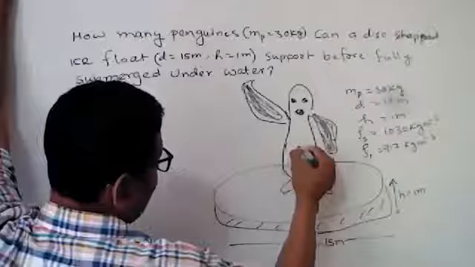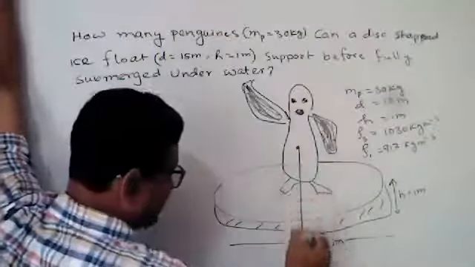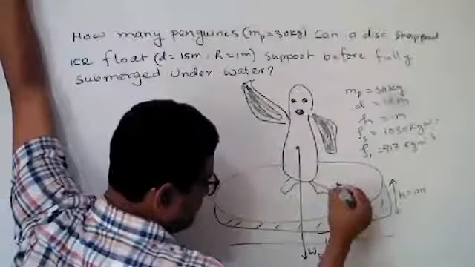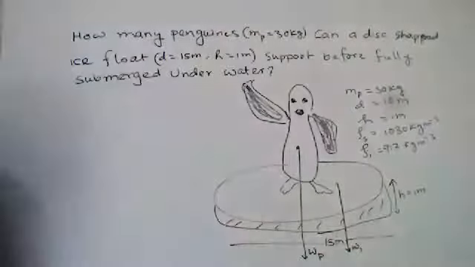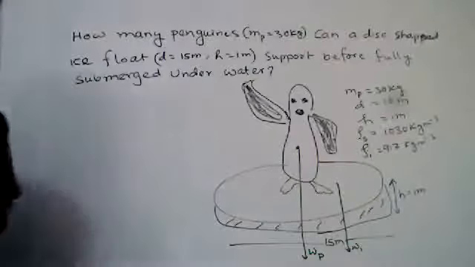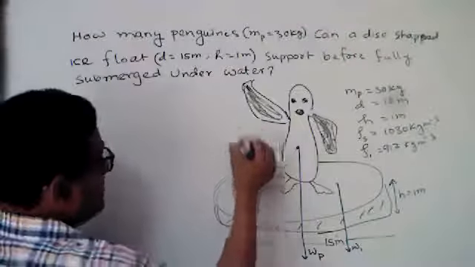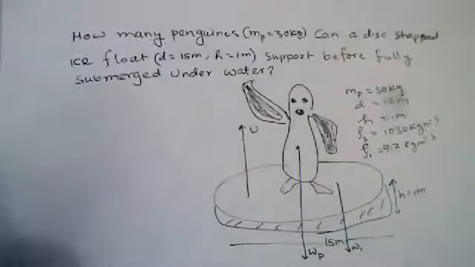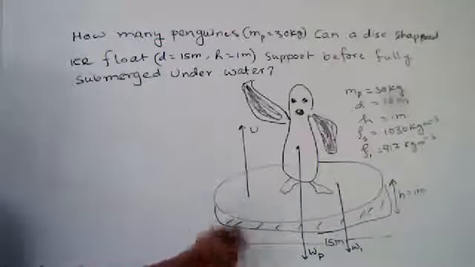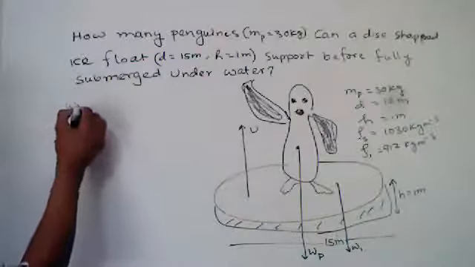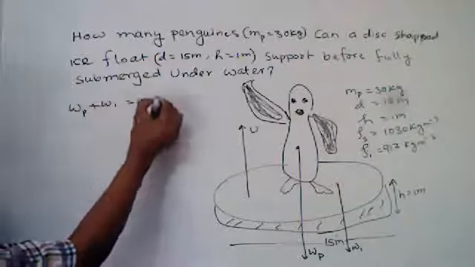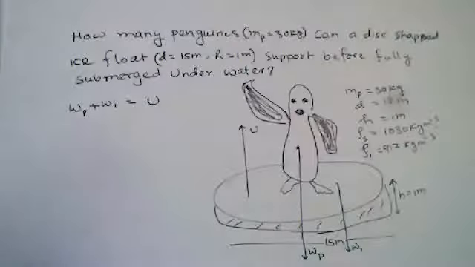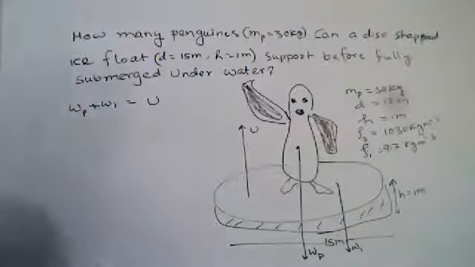There is the weight of the penguin, WP, and the weight of the ice, WI, both acting downward. And the upthrust of the liquid on the ice sheet, that is U. So for the equilibrium position, WP plus WI equals U: weight of the penguin plus weight of the ice equals buoyancy.